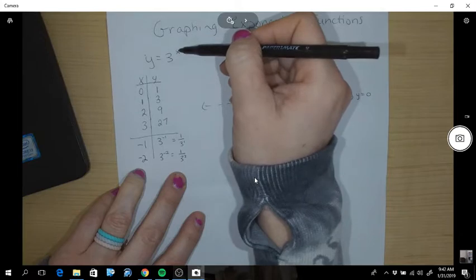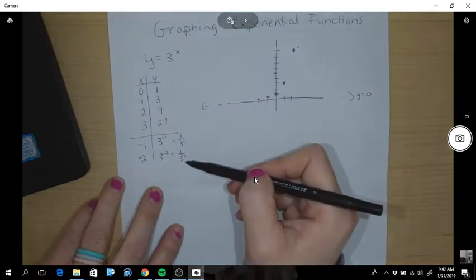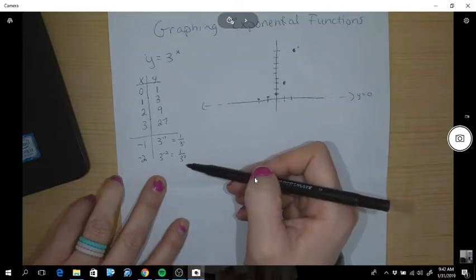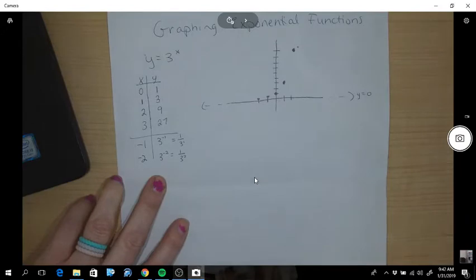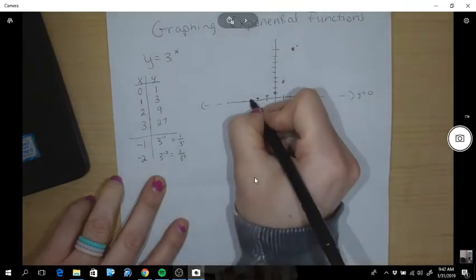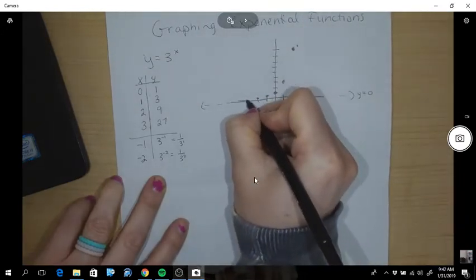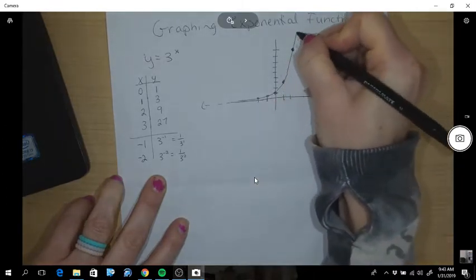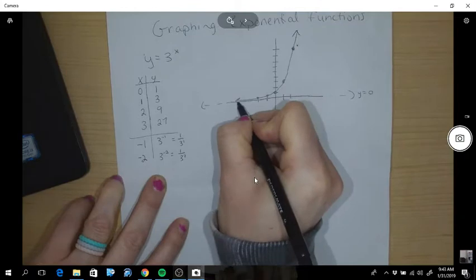Obviously, if you do a negative exponent, it just does this, which makes it a smaller fraction. So it's just going to get closer and closer to 0, but it's never going to actually make a negative y value. So when we get closer and closer to 0, it's an asymptote at 0. Okay, and then you can see how rapidly it increases in value.